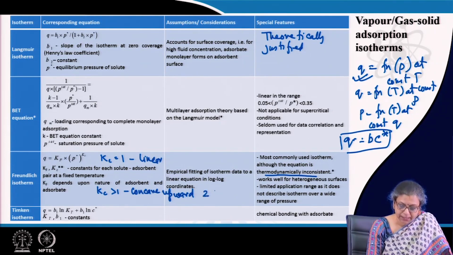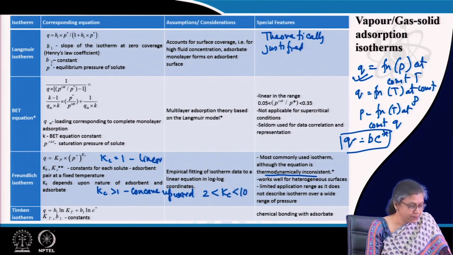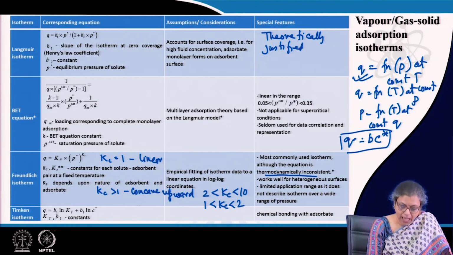Normally 2 less than Kc less than 10 predicts very good adsorption capability, and 1 less than Kc less than 2 represents moderately difficult adsorption, and if Kc is less than 1, then definitely it shows very poor adsorption capacity.